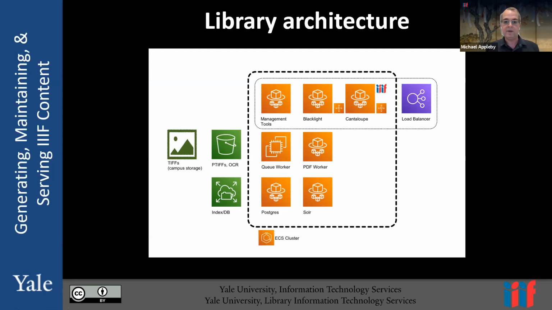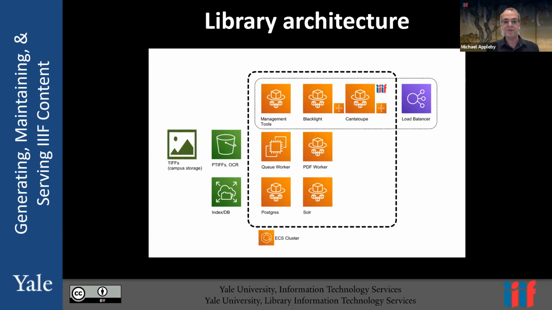We have a queue worker, and then we have a specialized worker for PDFs. What we're finding is when you get to 1,000 to 2,000 page objects, your resource demands are really high on the server, and those jobs don't necessarily coexist well with many other jobs doing image derivative generation, for instance. So we split that out as a separate type of task with its own worker nodes.